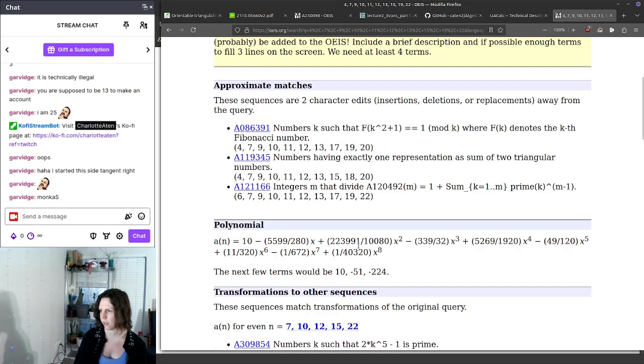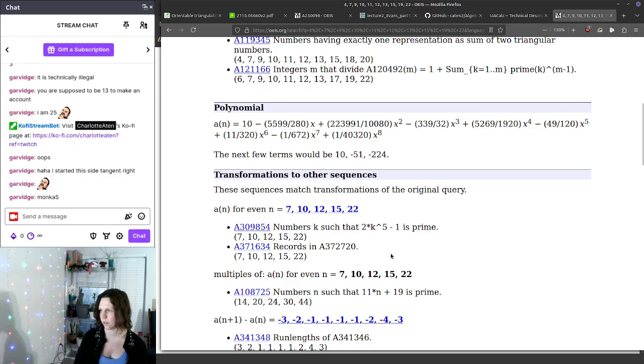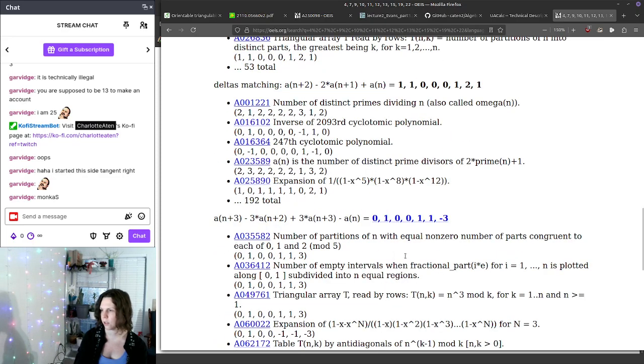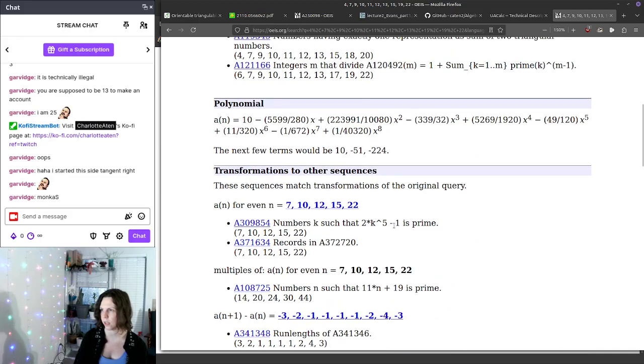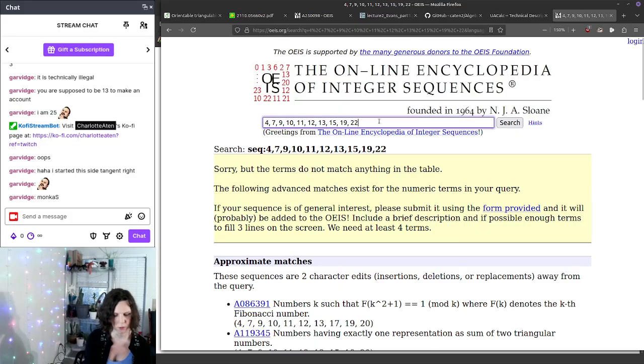Yeah, okay. Polynomial. Transformations, nothing probably too exciting. Let me add a few more terms and see if it says anything else or if anything sticks around. 26, 28, 30, oh, I wanted 30, 31, 34, 36.